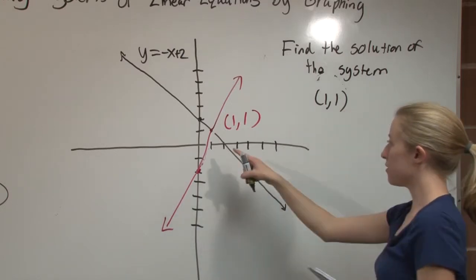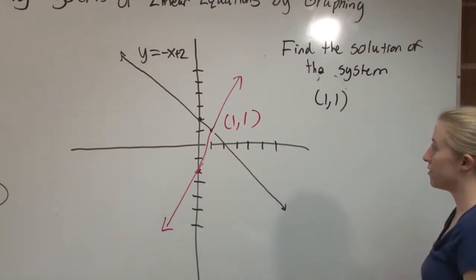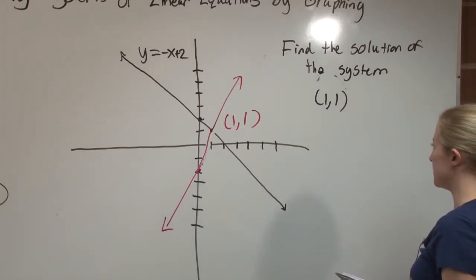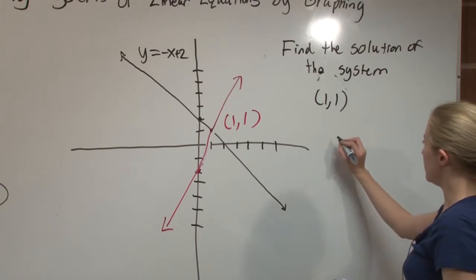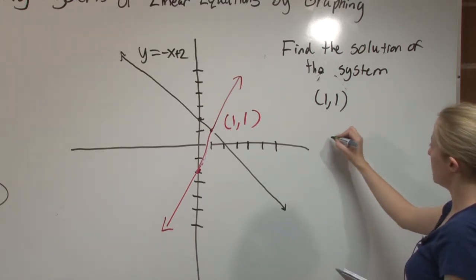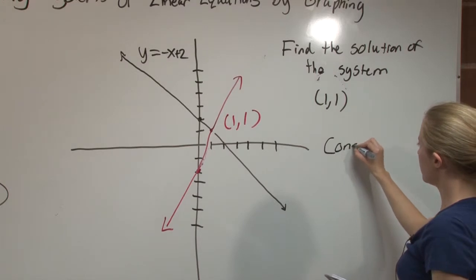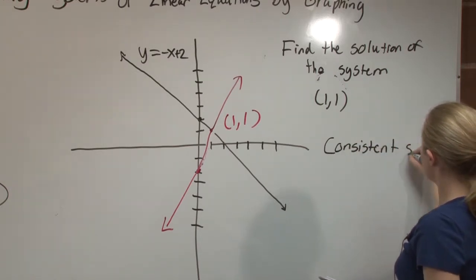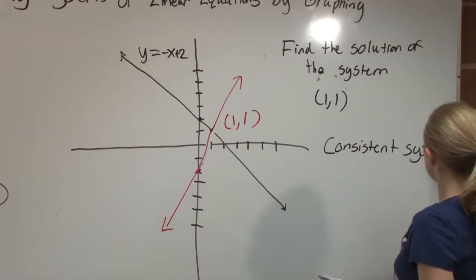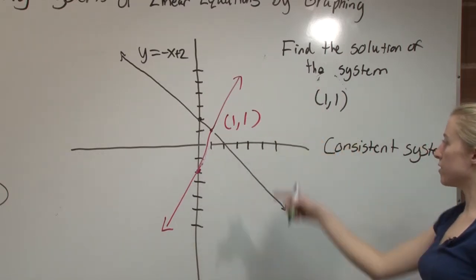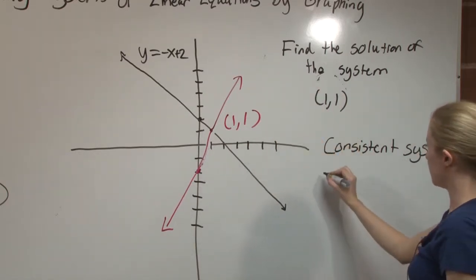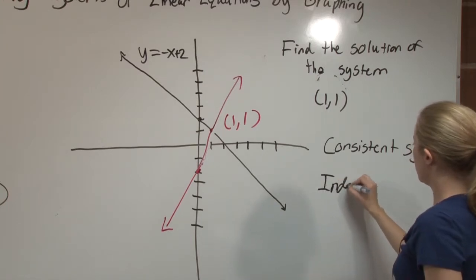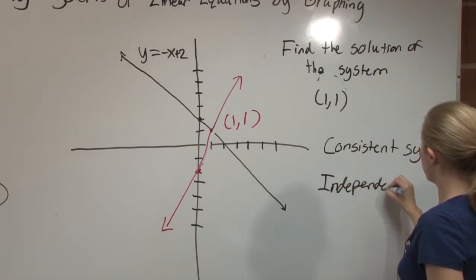Now this has one solution, and so that fits the requirements for it to be consistent. All it needs is at least one. So I'm going to say this is a consistent system. And it has two different lines. They're not the same, so it is also independent.